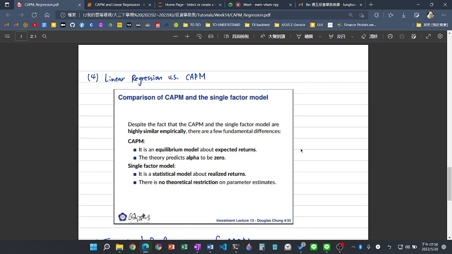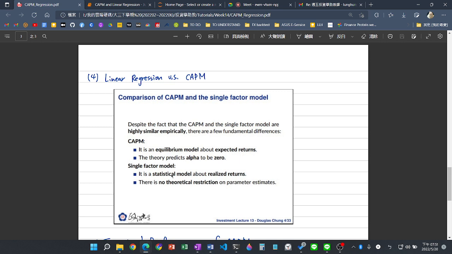Okay, so after all of these things, I believe you can grasp some very intuitive thinking about the relationship between linear regression and the CAPM. Here I just took the slides from Professor Douglas, and they state some differences between CAPM and a single factor model.